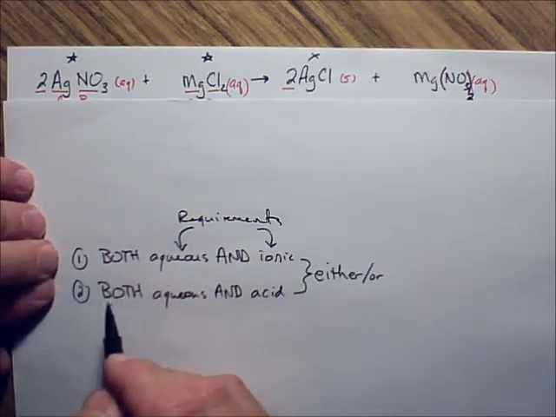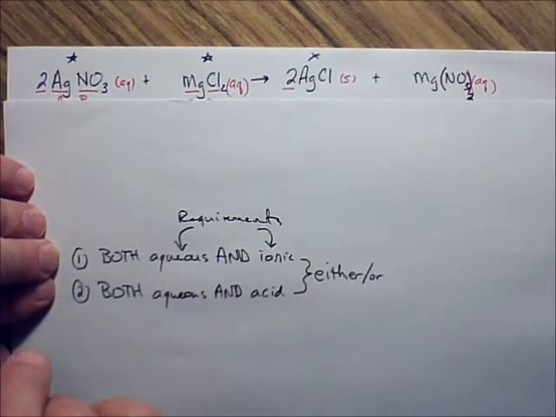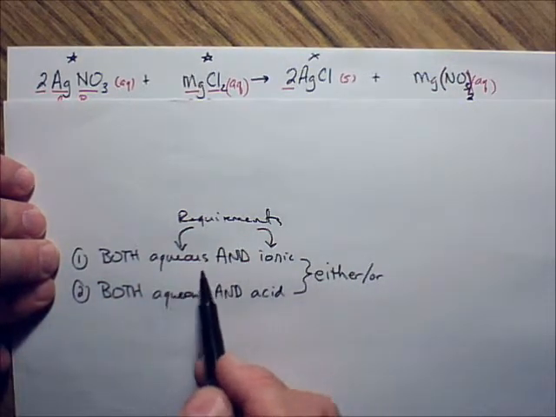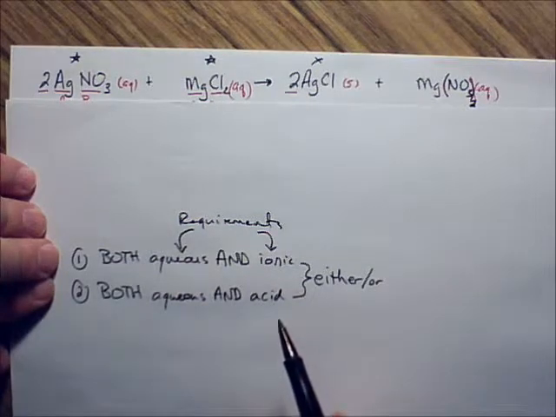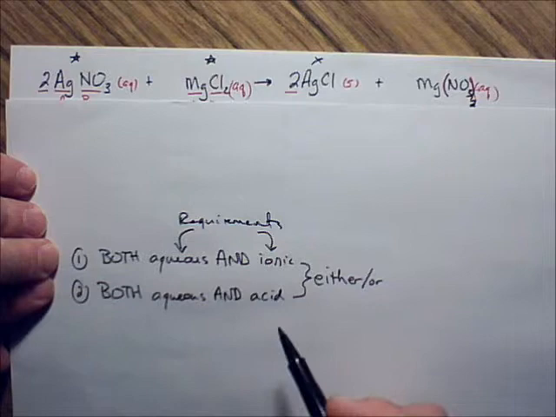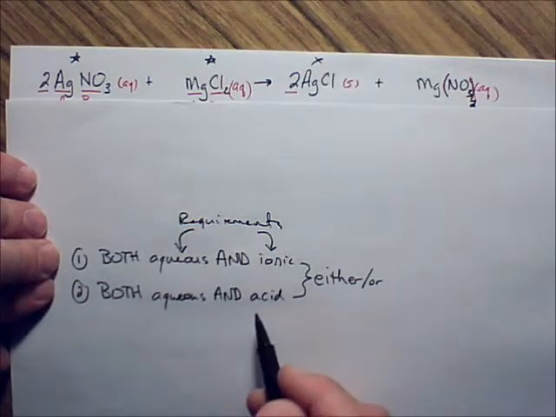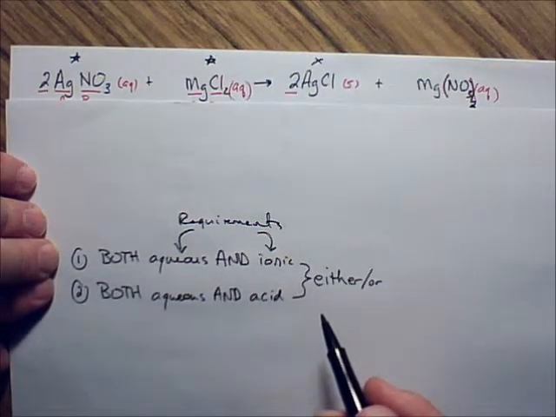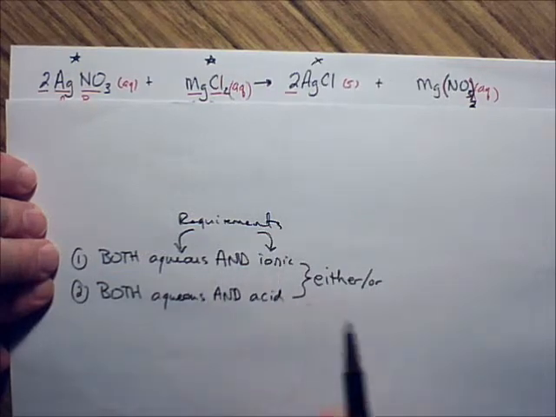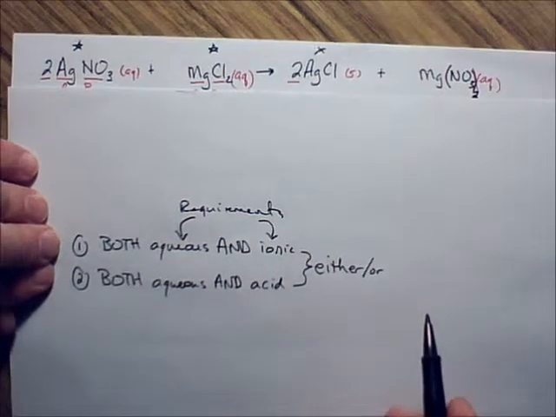And each of those kinds of compounds has two requirements. So it's not enough to be aqueous. It's got to be aqueous and ionic, or aqueous and acid. It's not enough to be an acid. It has to be acid and aqueous. It's not enough to be ionic. It's got to be ionic and aqueous. Does that make sense to everybody?